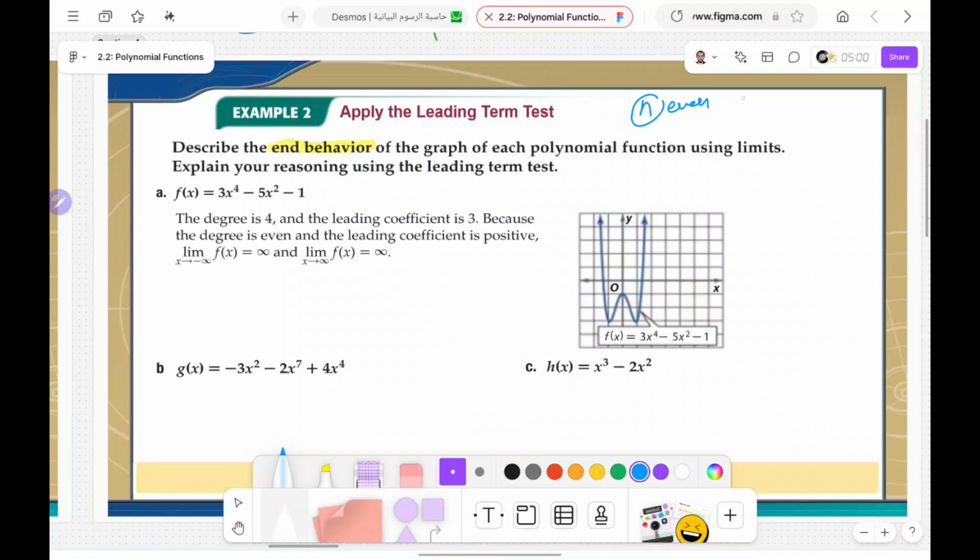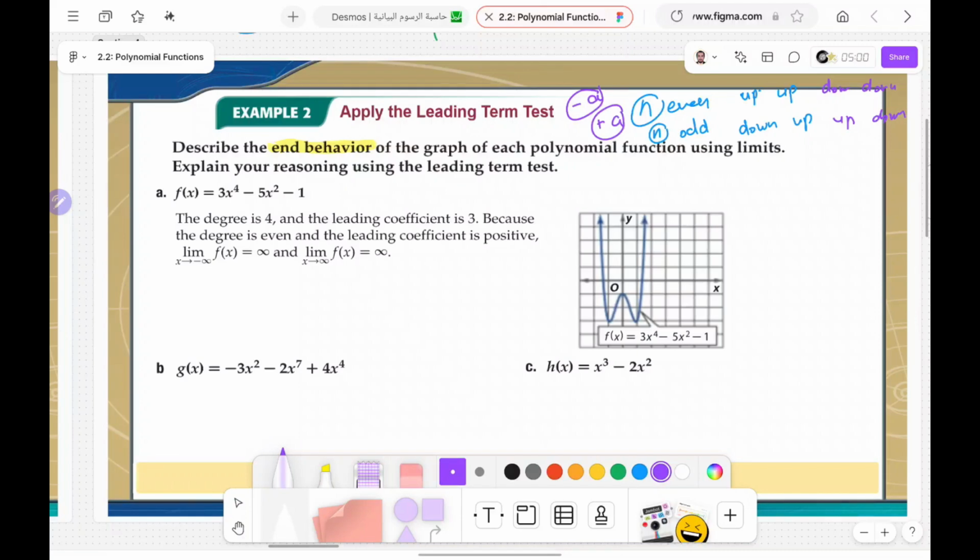When n is even, it starts up and ends up. When n is odd, it starts down and ends up. This is when a is positive. When a is negative, this one will start down and end down, and this one will be the opposite: starts up, ends down.